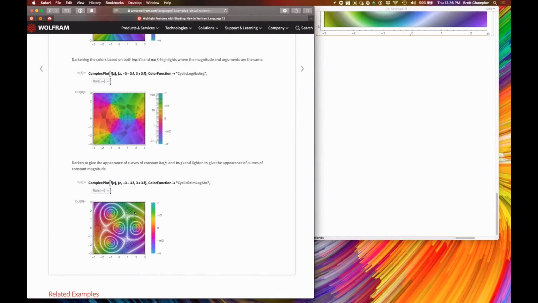And so then we have everything changing all at once, practically. We have our real and imaginary parts being represented. We have our magnitude and abs being represented, and we have our argument being represented.